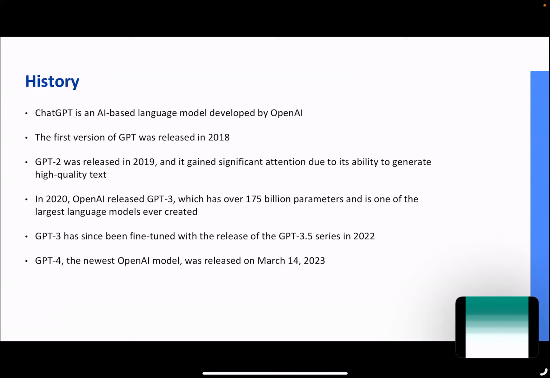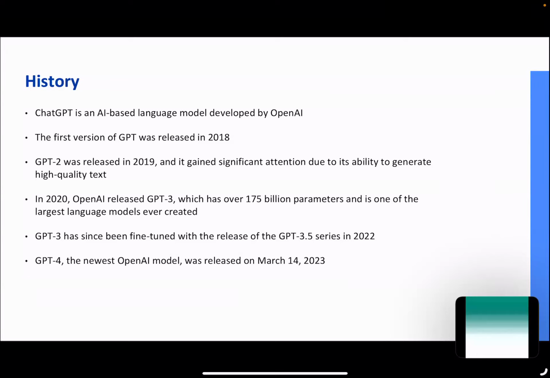In 2020 they released a ChatGPT-3 variant, but it was not as good as the version we are seeing now. Then they performed fine tuning by applying different techniques to improve the GPT-3 variant, and released a new variant, GPT 3.5, in 2022.